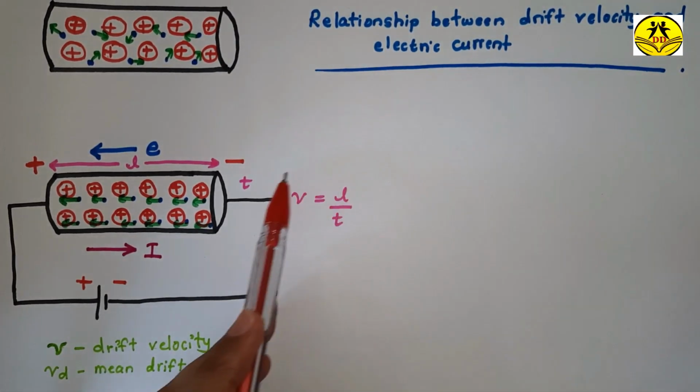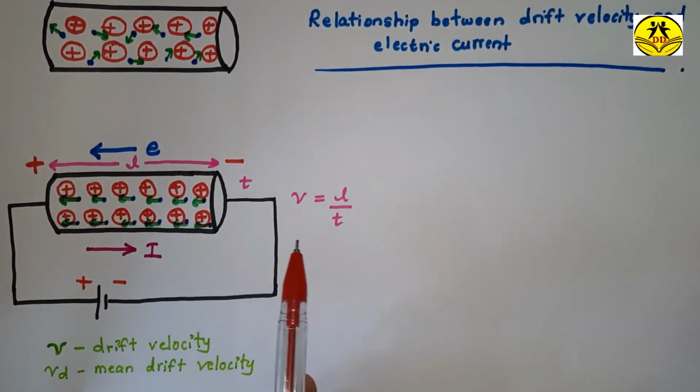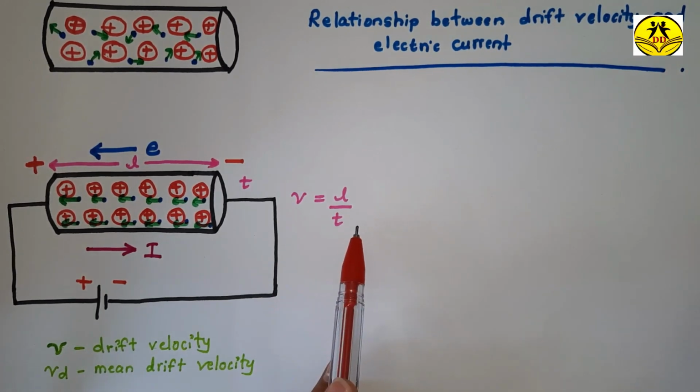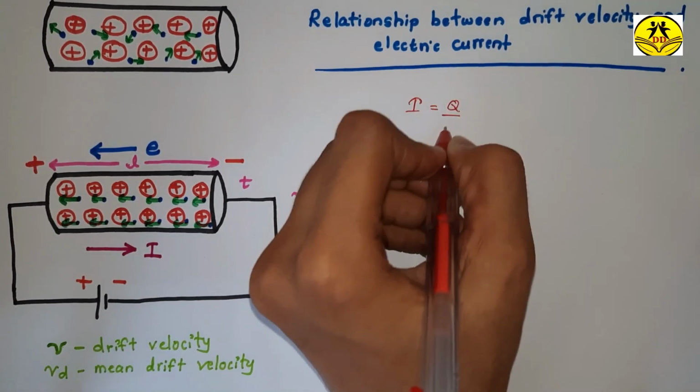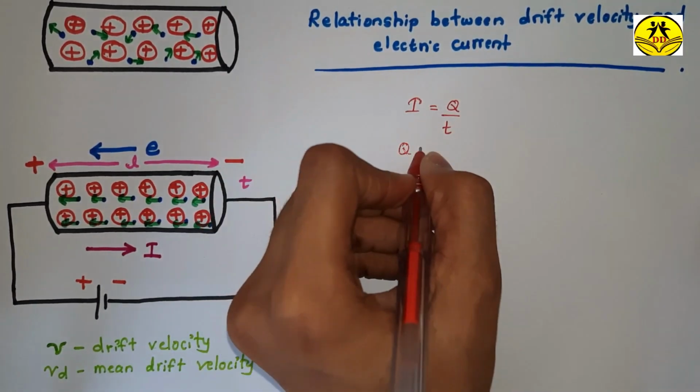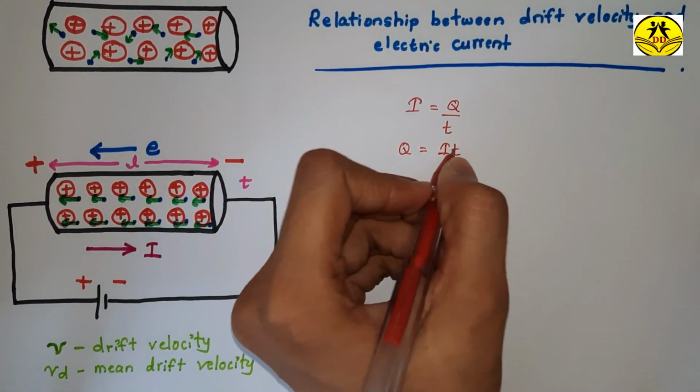So we have found an equation for drift velocity as V equals L over T. So you know current I equals Q over T. So Q can be written as IT.